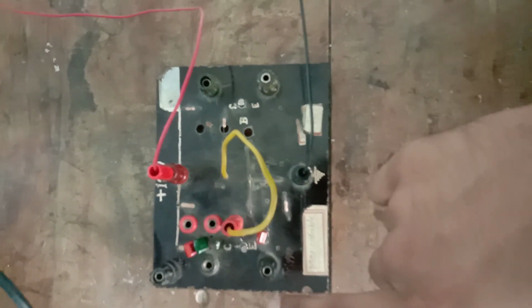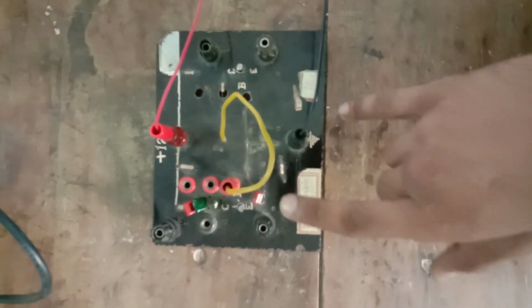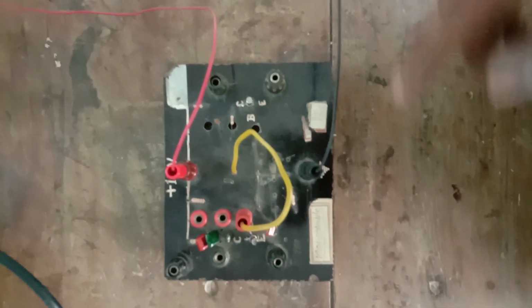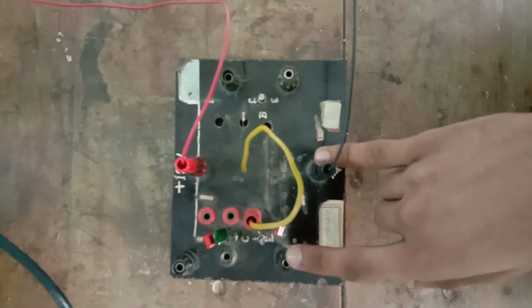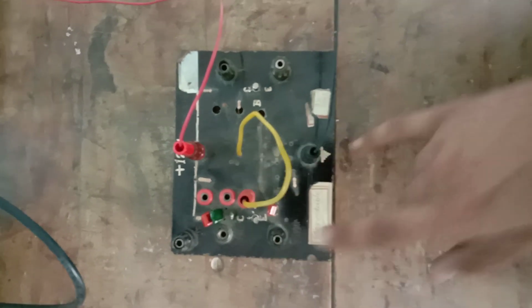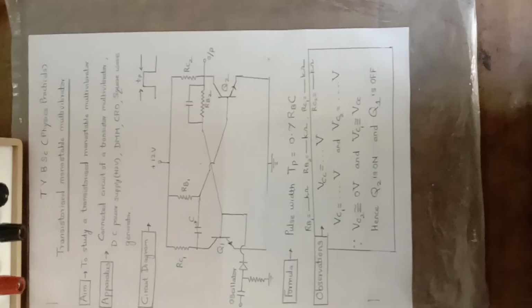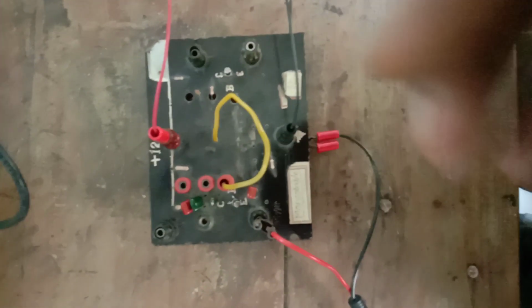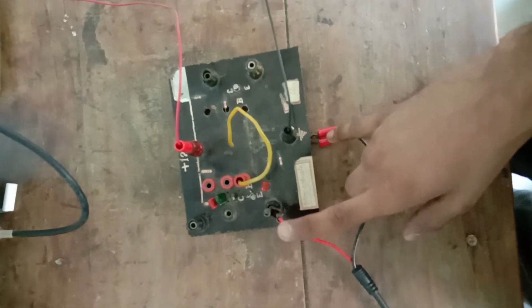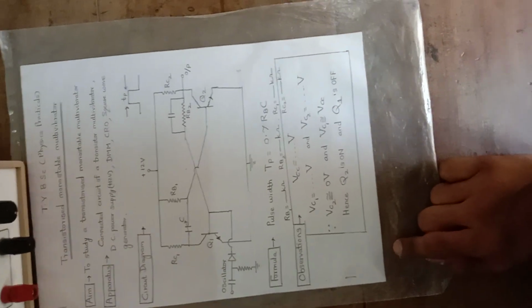So we have to connect the wave generator through here and here. Here will be the red terminal, here will be the black terminal. As we can see, we have connected the terminals of the wave generator over here, as per the requirement of the circuit.